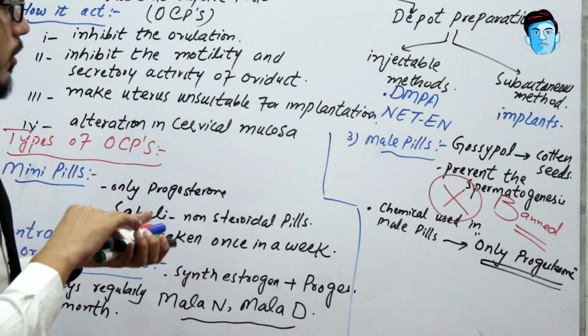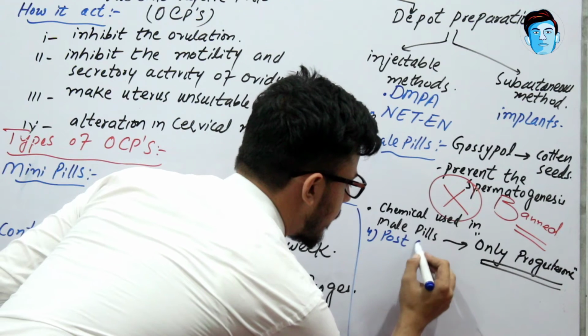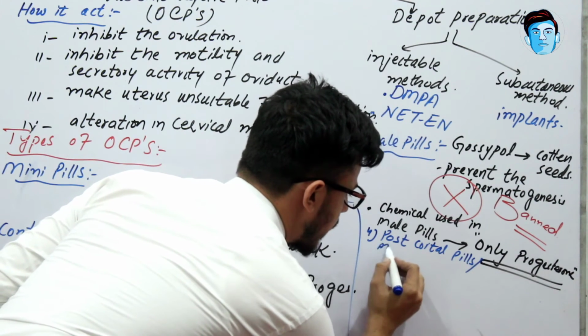Another type of oral contraceptive pills is called postcoital pills, which are also called morning after pills.